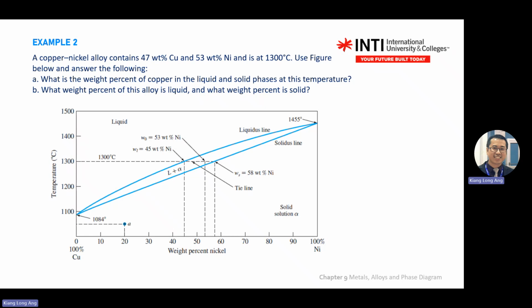So I write 53, I draw out, and write nickel there. It's at 1300 degrees C. Of course, in the test, you won't see all these things. You only see 2 blue lines, liquid L plus alpha, solid alpha. Of course, you won't see the copper nickel graph. You will see another material graph.